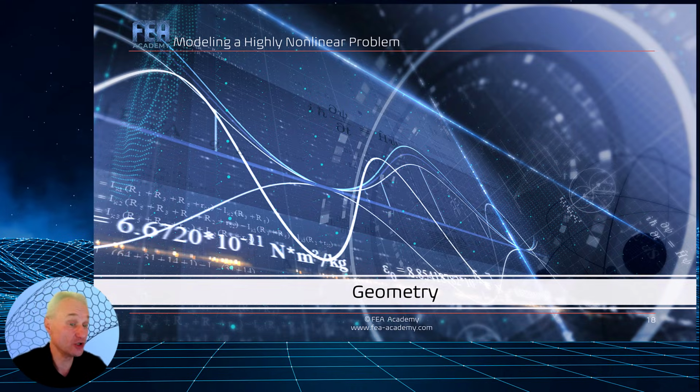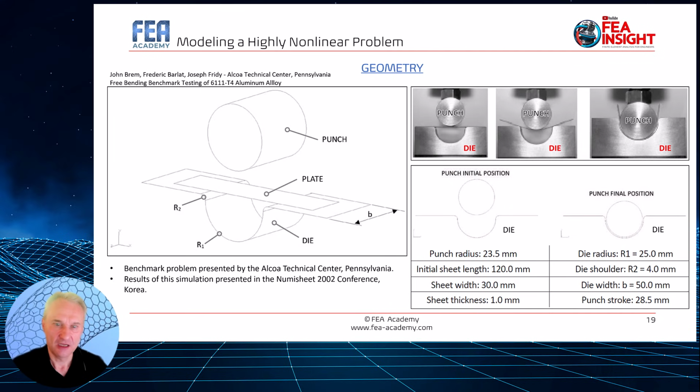So let's start with the geometry here. The simulation is based on a benchmark problem presented by Alcoa Technical Center in Pennsylvania, and the results have been presented in the NUMISHEET 2002 conference in Korea. This simulation involves the punch forming of an aluminum sheet in a die.